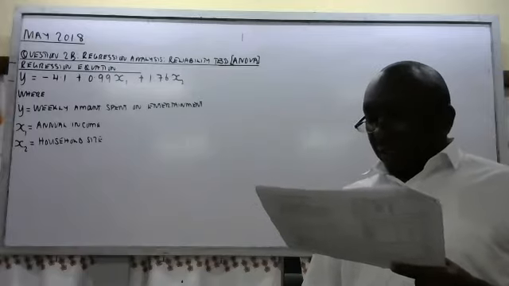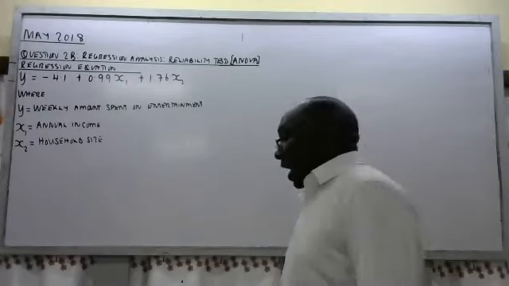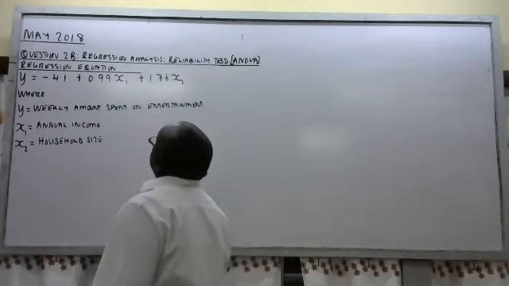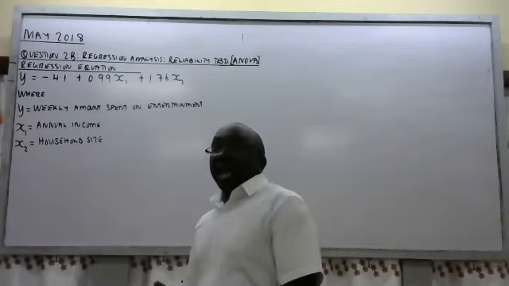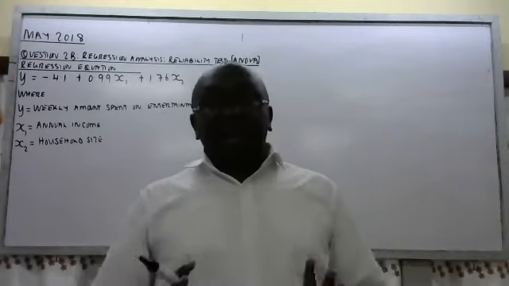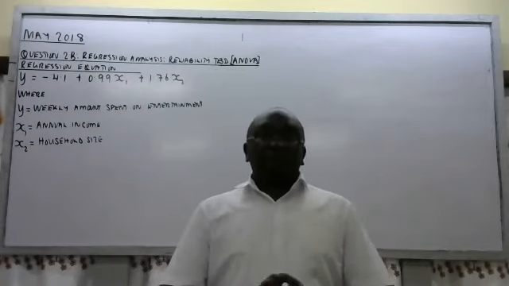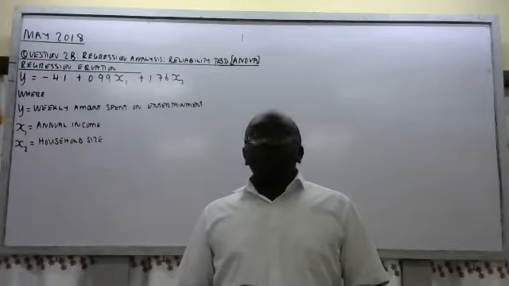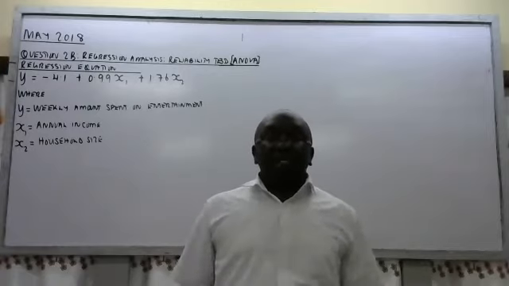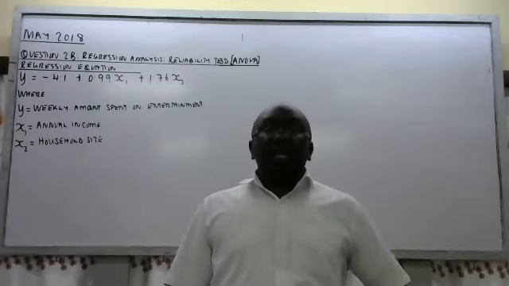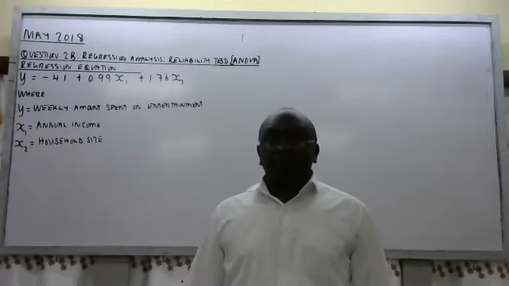The next thing we are told to do is a statistical analysis. Now, the examiner there is not clear on what analysis you want. But we know that there are many types, which we say they are divided into three.